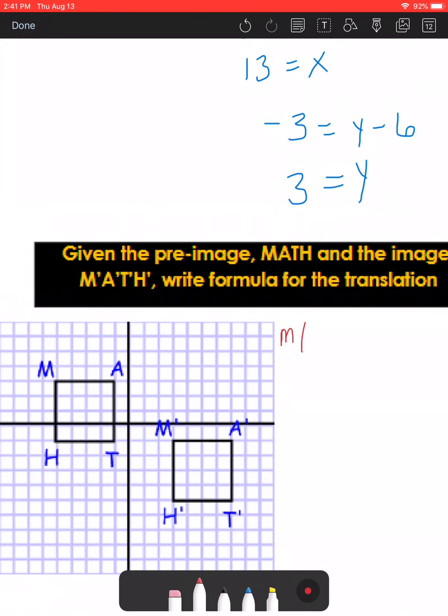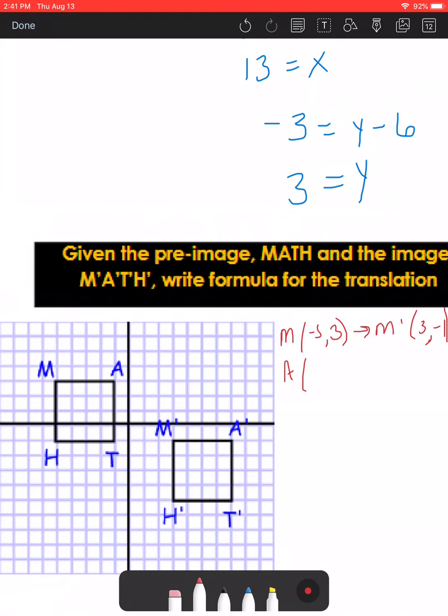My M point here I see is located at -5, 3, and my M prime point is located at 3, -1. Now let's look at our A point.